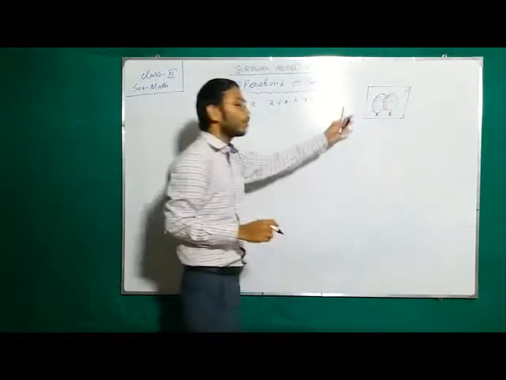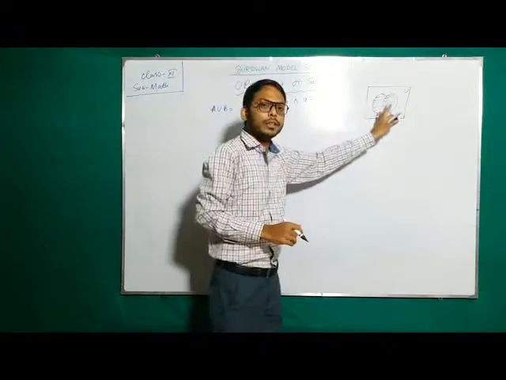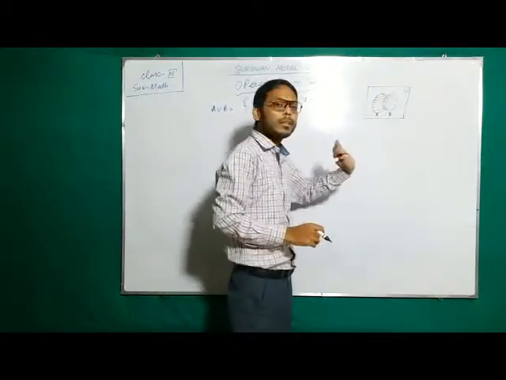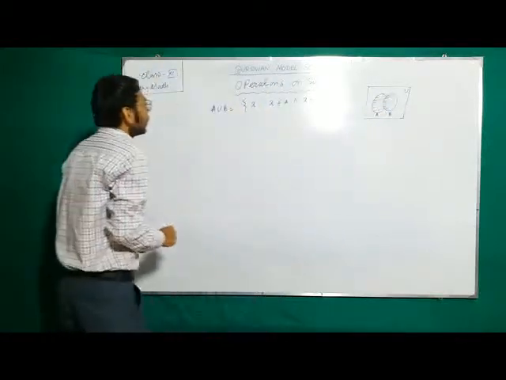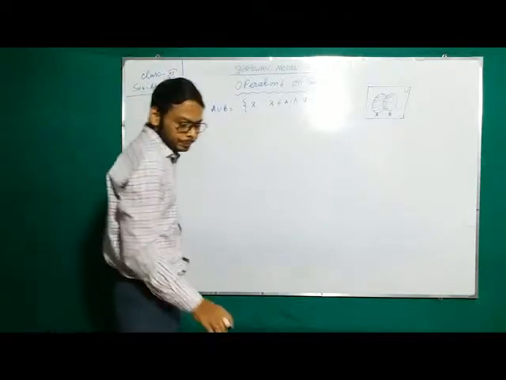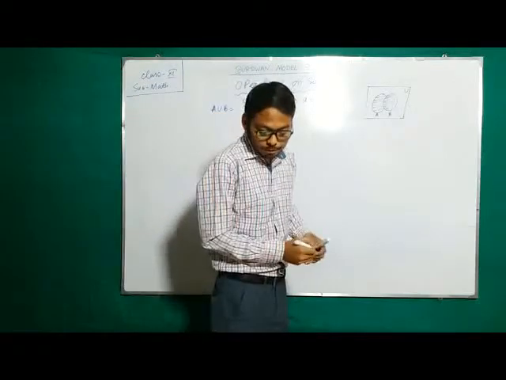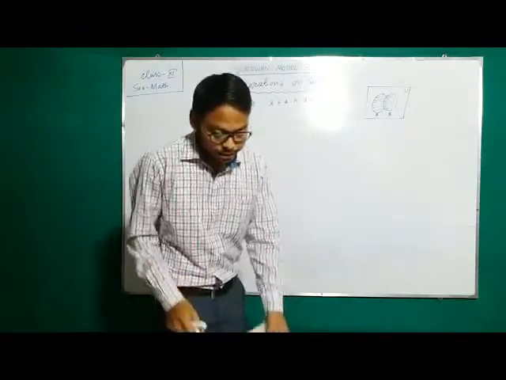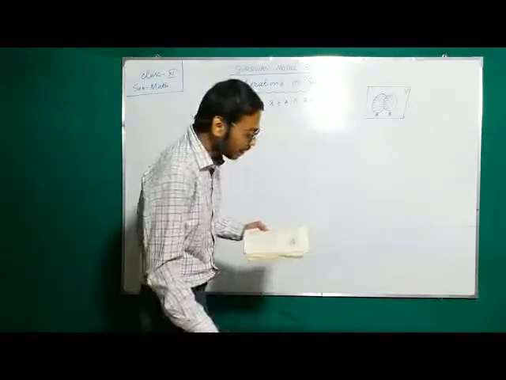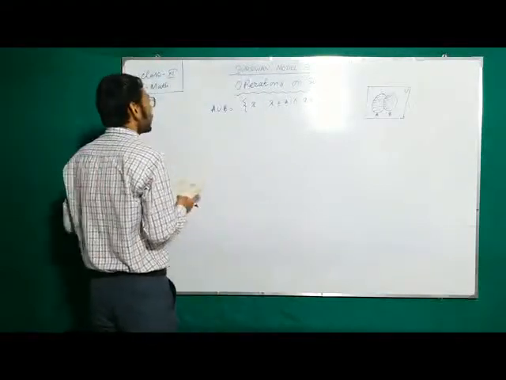I have marked here all the portion of A and B. That is A union B. Now we are discussing the properties. In the NCERT book, the properties are given here. I am writing the properties.